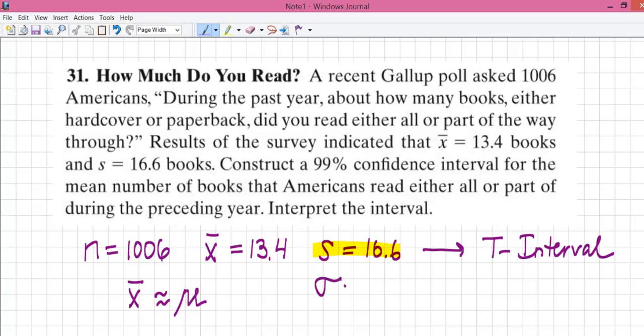If you were given sigma, which is population standard deviation, then you would be using Z interval. It is that simple, and it's right there in the problem. Here I have S equal to 16.6, or it will say sample standard deviation. So now we need to use T interval to construct the confidence interval and then write an interpretation for it.